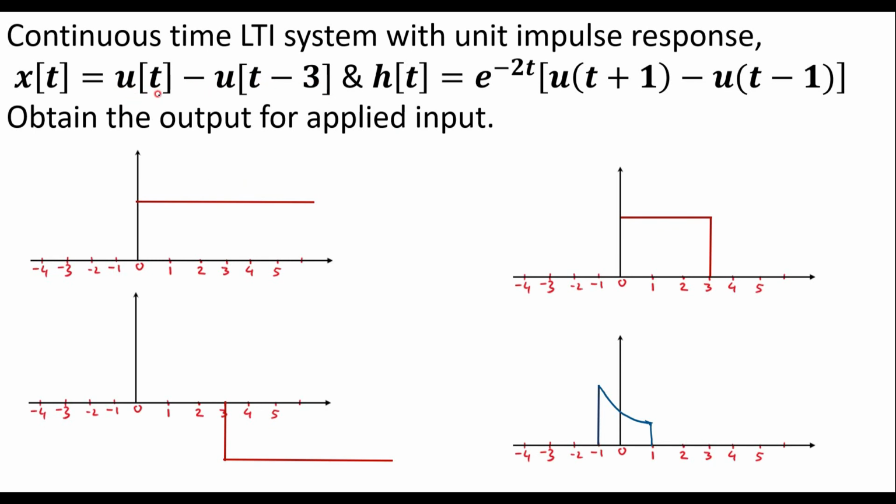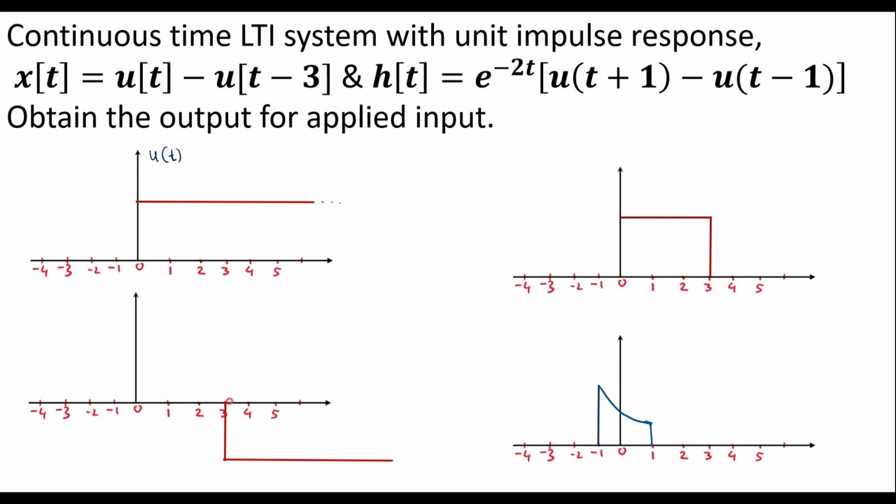We know that u of t is a unit step signal which begins at t equal to 0 and its magnitude is always 1. So let this be u of t, which begins at t equal to 0 and continues till infinity. U of t minus 3 is a unit step signal which begins at t equal to 3.